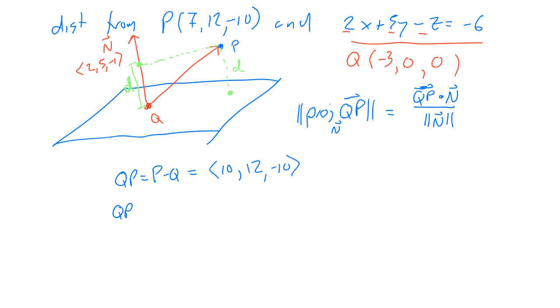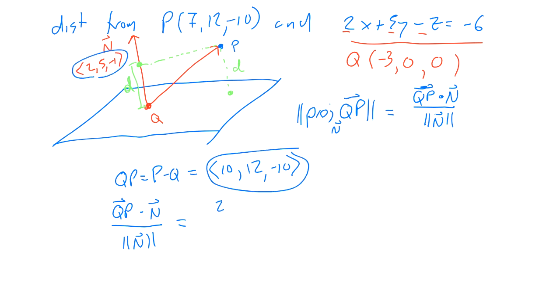And then QP dotted with N over the length of N will be, here's QP, here's N, so it'll be 20 plus 60 minus a negative 10 over the length of N, which is the square root of 4 plus 25 plus 1.